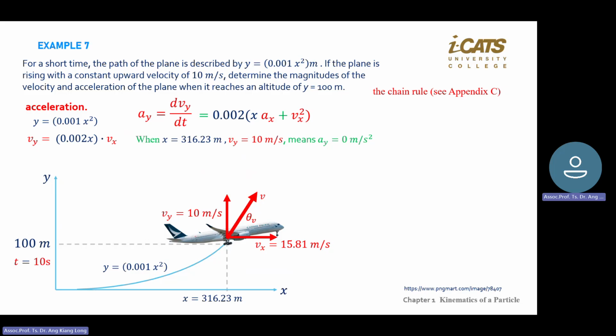You know what you have when x is so and so, y is so and so. So the acceleration in y will be 0. Okay. So your ay is 0. ax you don't know. vx you know.